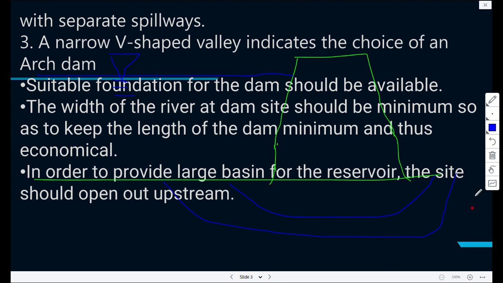Water will always tend to escape because there's a head here. This is why you should have learned hydraulics. There's a head that will be driving water to this side.